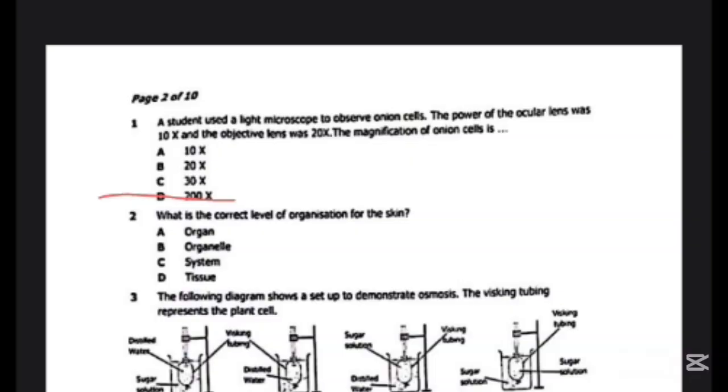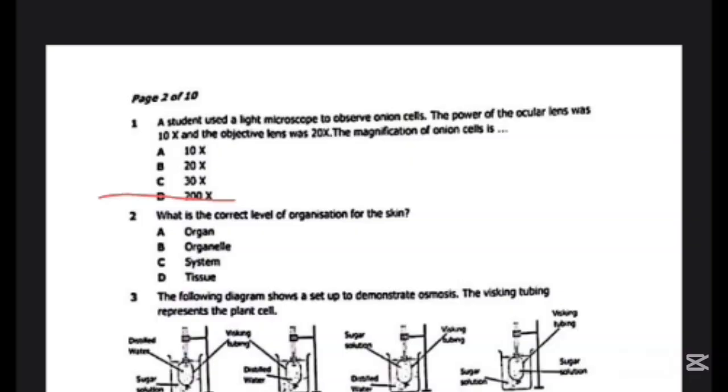Now where does the skin fall under? If we look at the skin, you can find that the skin is made up of multiple cells and tissues. So if it is made up of multiple cells and tissues, we are going to call it an organ because it is made up of similar tissues working together.